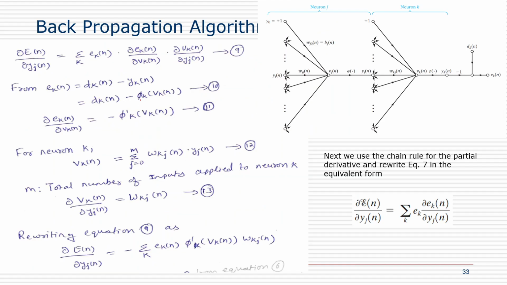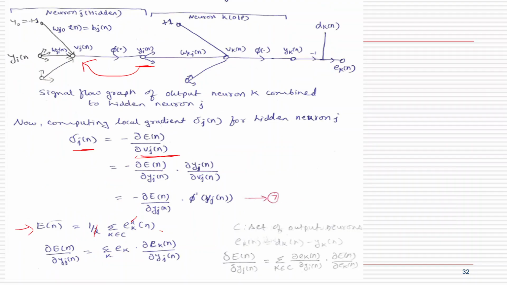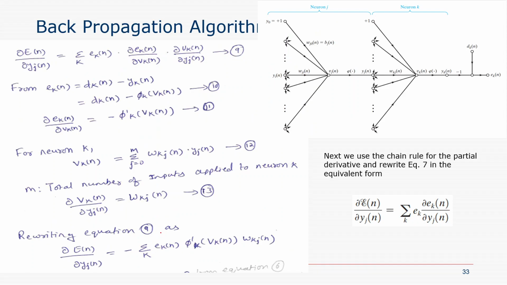Now proceeding further, you can observe that dou E of n by dou y j of n will be given by the summation of e k times dou e k of n by dou y j of n, because it comes from all the nodes here, therefore the summation goes through.